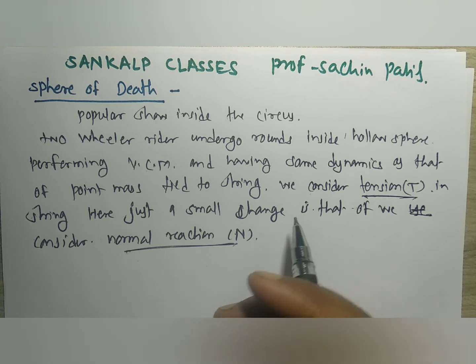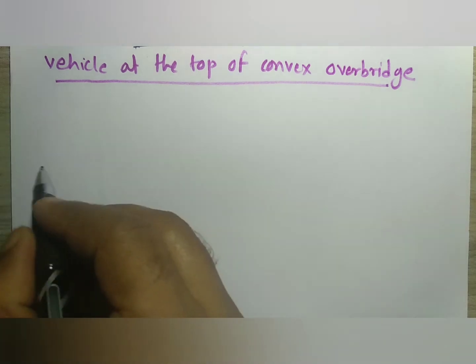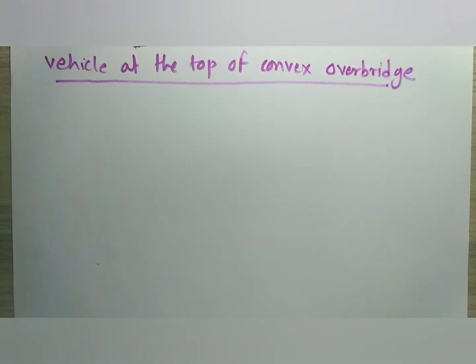Now we are going with the next point, which is related to a vehicle at the top of a convex overbridge. It is once again one example related to vertical circular motion, inside which we have to consider a convex overbridge.